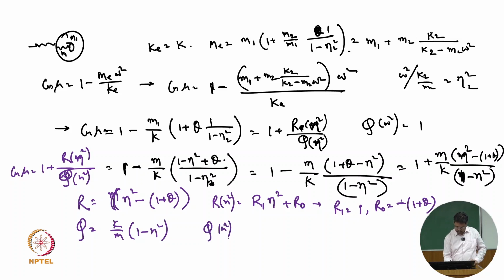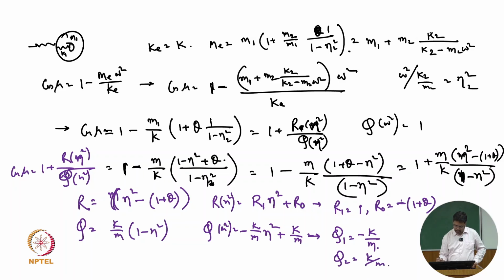What is q eta square? Q eta square will be k by m, minus eta square plus k by m. So now what can we get? q1 equal to minus k by m, and q2 will be equal to k by m.